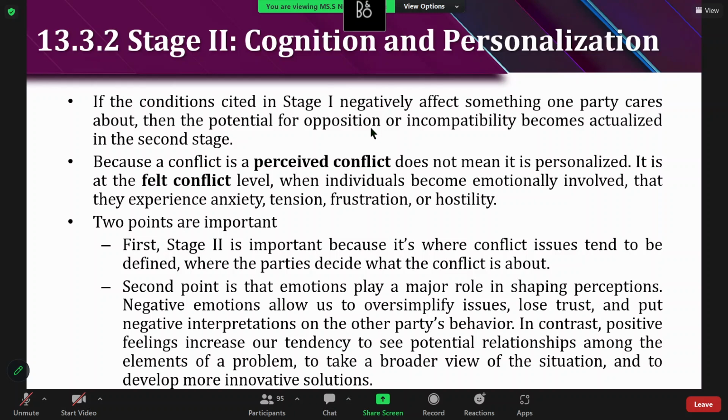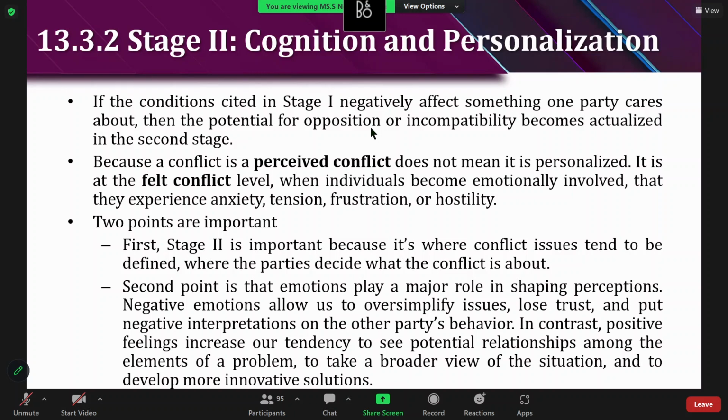When people start to feel that conflict, when they are emotionally involved, and as a result experience tension, anxiety, frustration, hostility, and all, then it can be said to be a felt conflict. This is where the actual conflict arises. Two points are important in stage two.